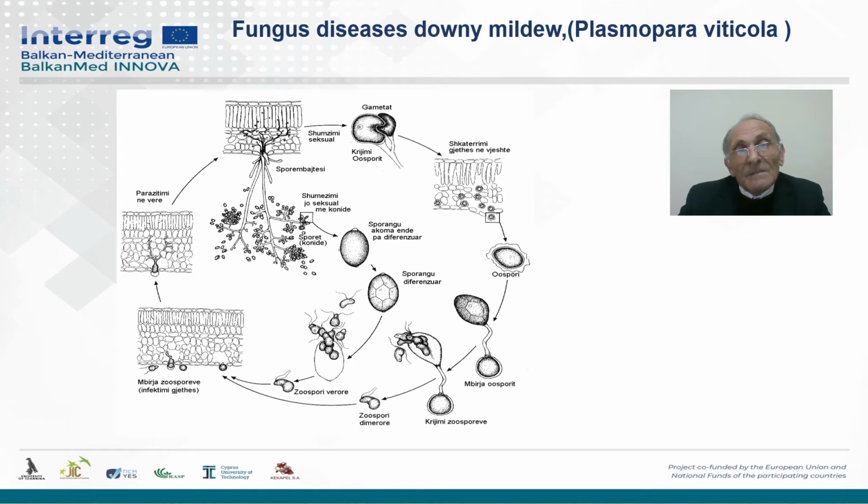Zoospores have flagella. The flagella help the zoospores to swim towards the plants, and the zoospores penetrate in the leaves, and after germination, mycelium develops. And after the incubation period, we have the first conidia, and the conidia now make many infections, many times within the generation.